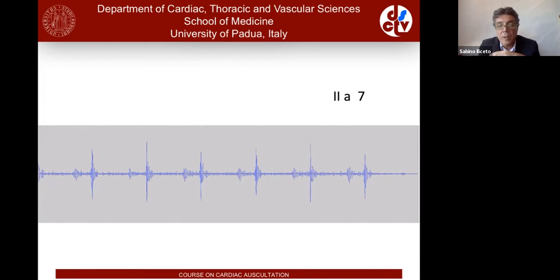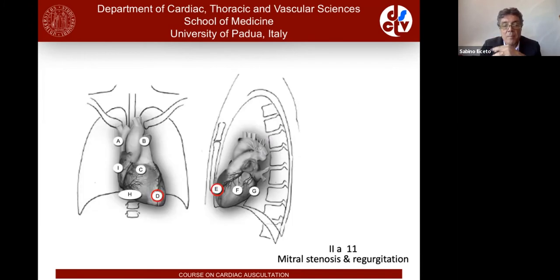Another situation that I already mentioned for a minute before, but it is just to mention because we shall have a session next time totally devoted to mitral regurgitation and mitral valve prolapse, is that mitral stenosis is not necessarily isolated, and can be the result of a combination of stenosis and regurgitation.